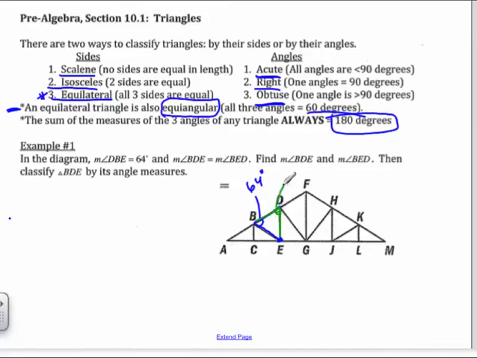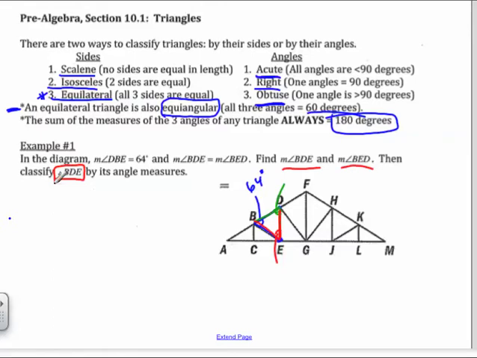And BED, so that's going to be this one. It'd be nice if you guys had these nifty color markers. These two angles are equal to each other. Find the measure of angle BDE and the measure of angle BED. Then classify triangle BDE by its angle measures.